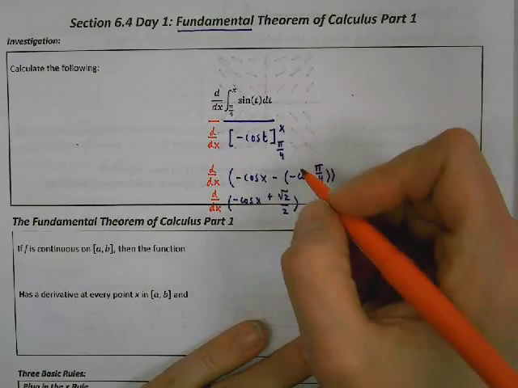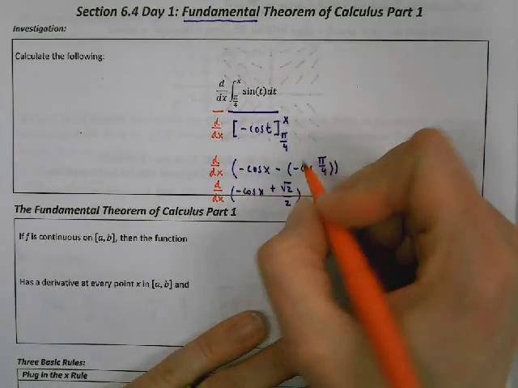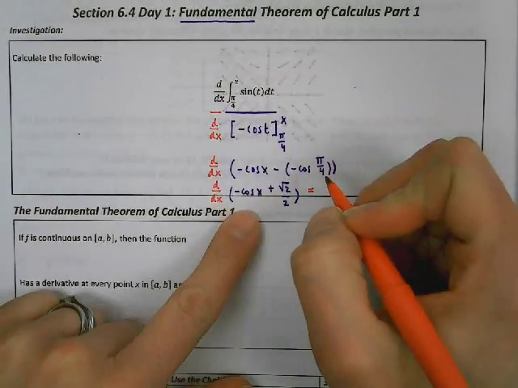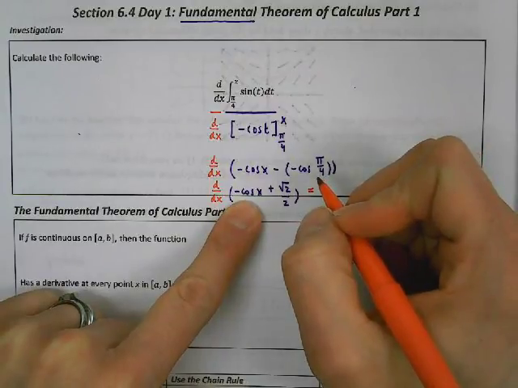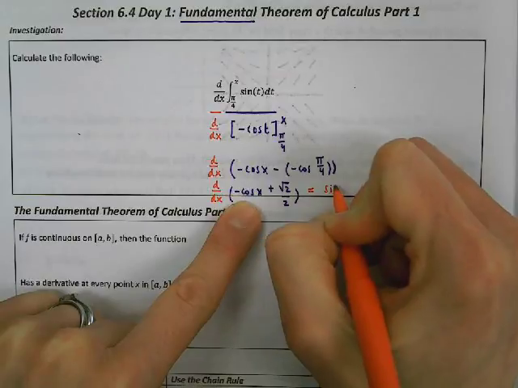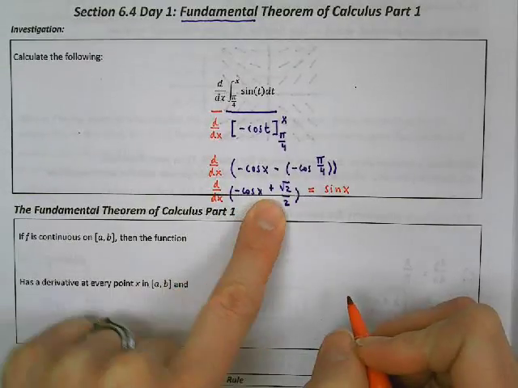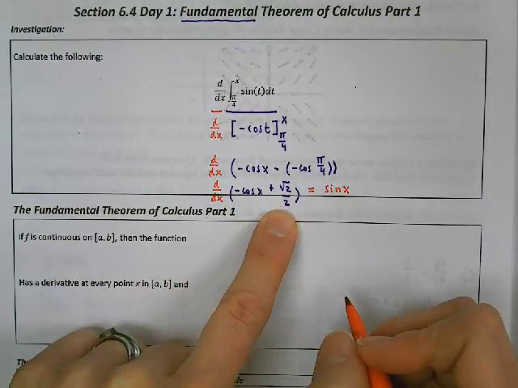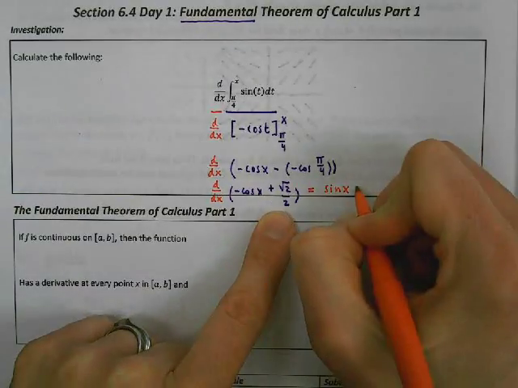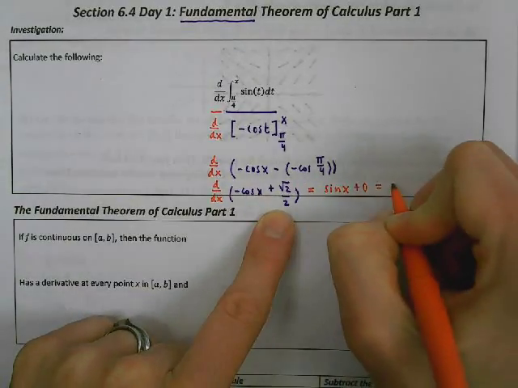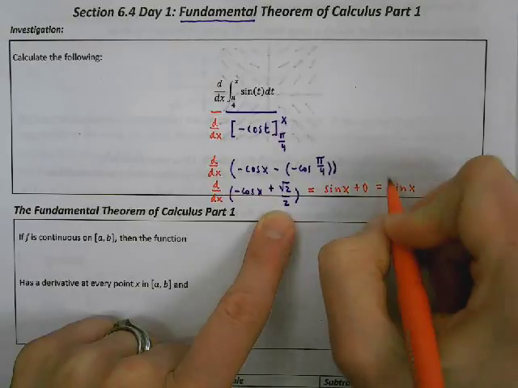The next thing we want to do is differentiate with respect to x. I'm going to show this in red, or I guess it looks orange on the screen. The derivative with respect to x of negative cosine x is going to be sine of x. And the derivative of root 2 over 2 with respect to x is just going to be 0. So I have sine of x plus 0, or sine of x.